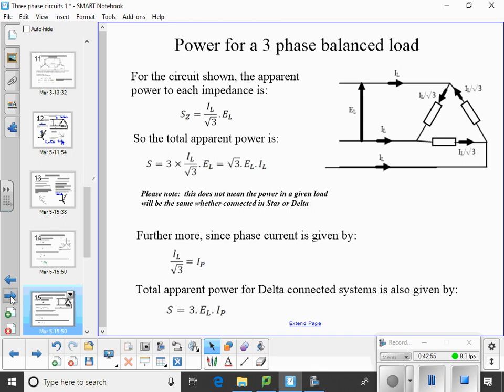So IL over root 3 is the phase current; multiply that by EL and we get the apparent power for one load. If we want the total apparent power, we multiply that by 3, and we get a total apparent power of root 3 ELIL.